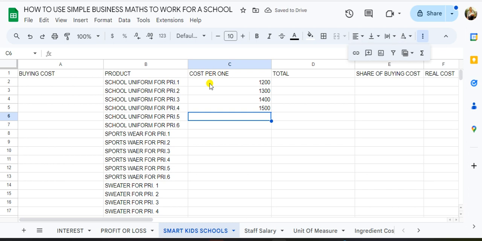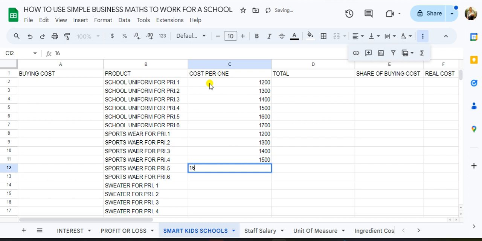But when you are working for the school, they will give you the actual amount the company charged them for you to work with. All right. Then primary 5, let's say they charge 1,600, then 1,700. Then their sportswear, let's say they charge 1,200, the same amount, then 1,300, 1,400, 1,500, 1,600, then 1,700 again.